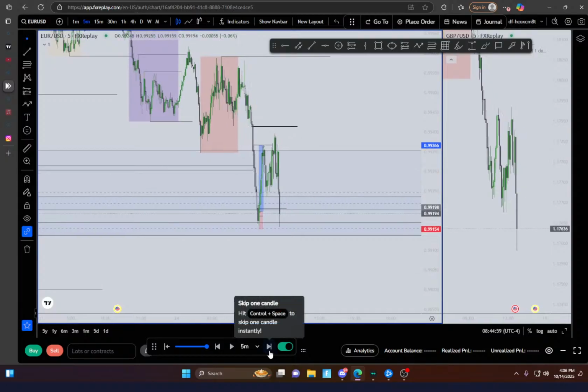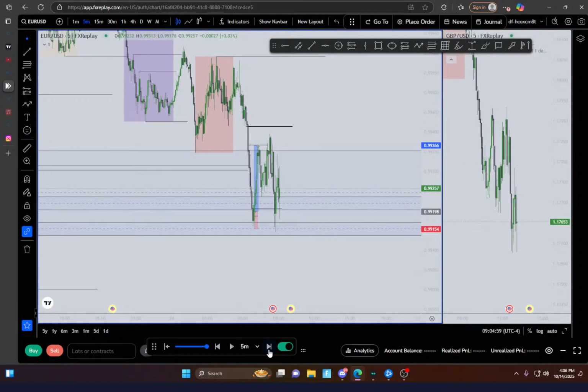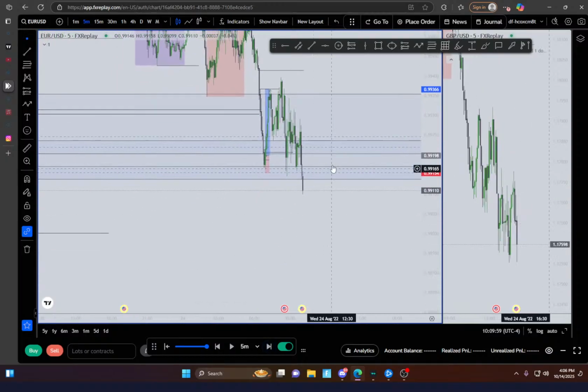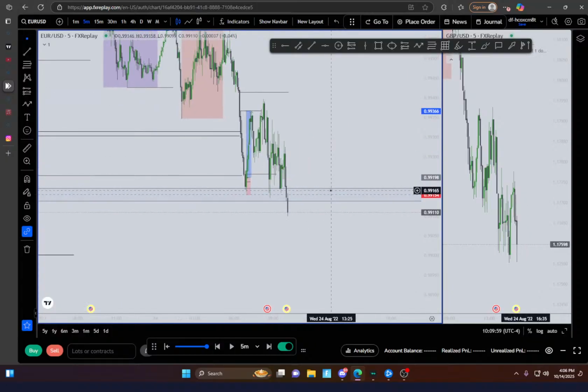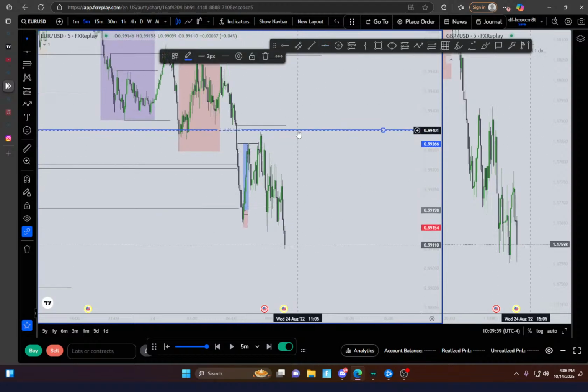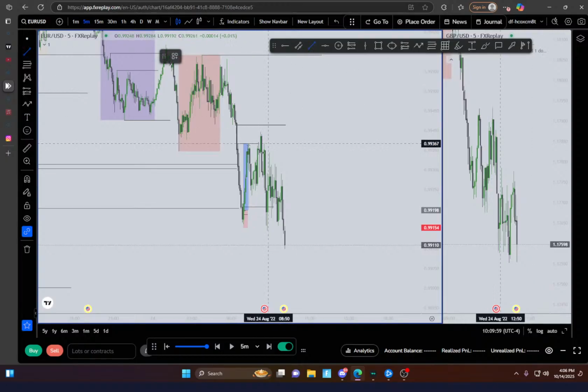Very interesting. Whatever. So we're still respecting this inefficiency. And now we're still creating lower. So now delete this, delete that. Okay. Now price is overall just building up, honestly.